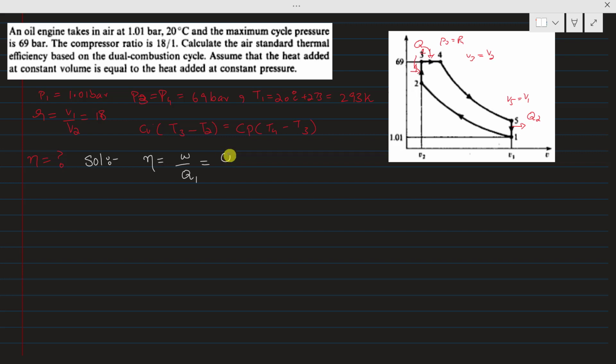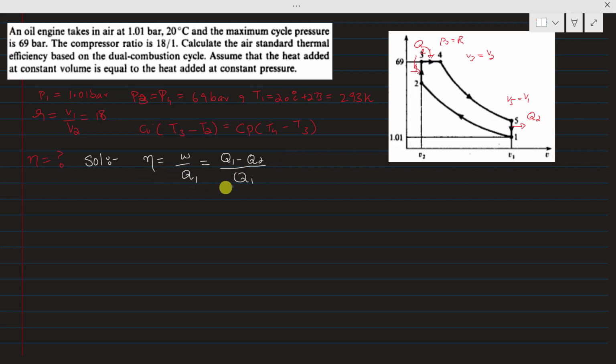The work done is equal to the difference of heats, the heat supplied minus the heat rejected, divided by the heat supplied. So thermal efficiency we can write in terms of heat as shown here.